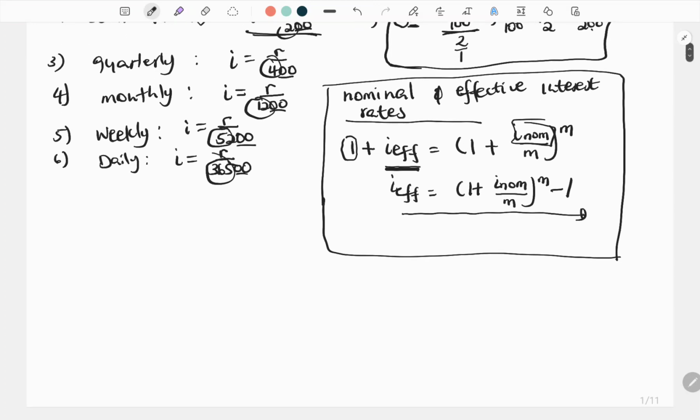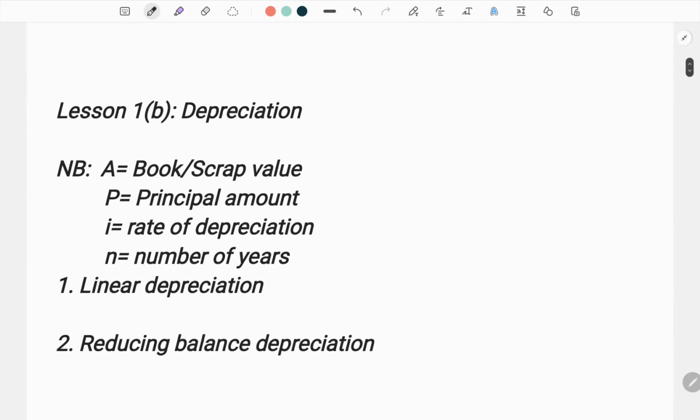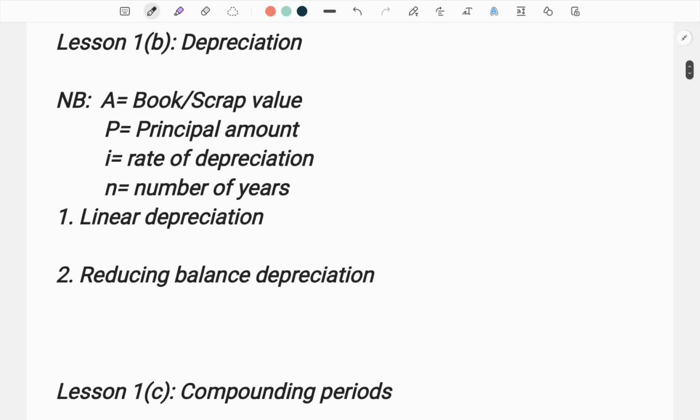So let's look at the following, which is depreciation. Grade 11s, this is a new concept for you. Depreciation is when something loses its value over a certain period of time.